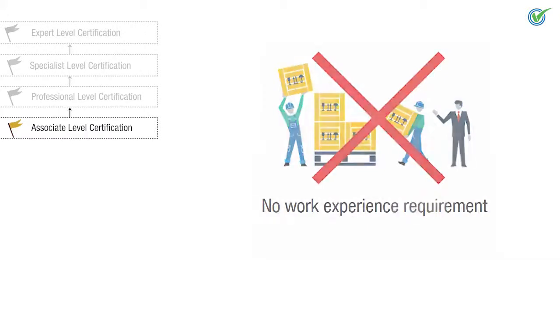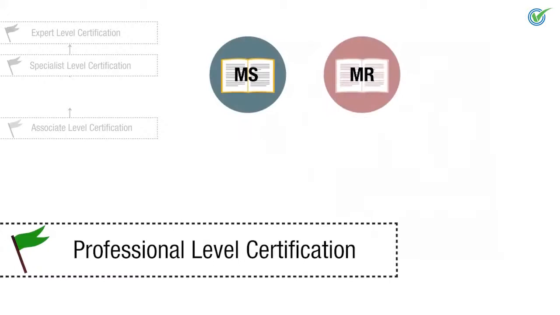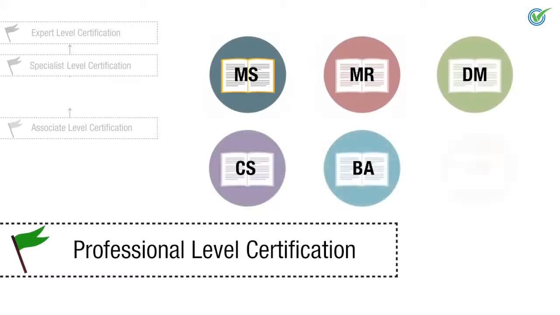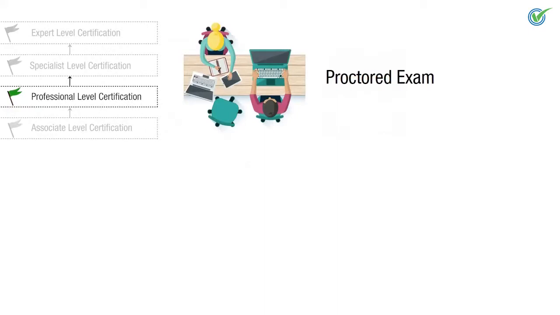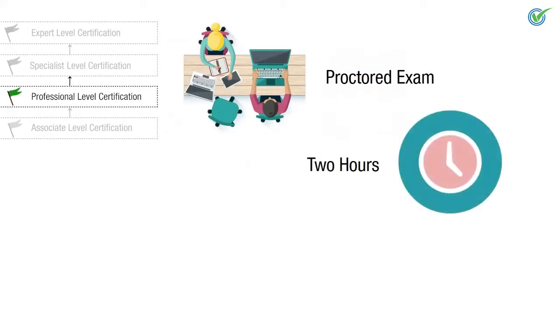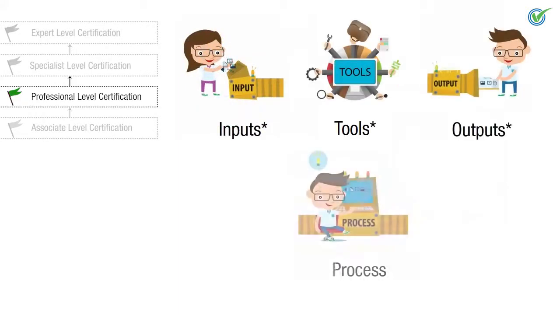Professional level certifications. All aspects of sales and marketing have an applicable professional level certification. For example, SMstudy Certified Marketing Strategy Professional. The certification exams are proctored, and candidates have 2 hours to complete each exam. The prerequisite is a study of the relevant SMstudy Guide with more emphasis on the highly recommended inputs, tools, and outputs for each process relevant to the particular marketing aspect.